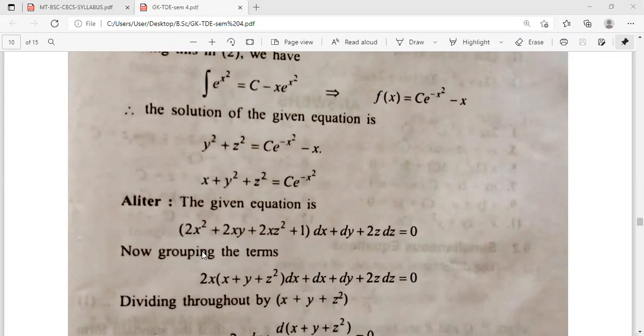Now the remaining thing: you take 2x as common from the first three components of the coefficient of dx, so that you get 2x into y plus x plus y plus z square dx plus dx plus dy plus 2z dz equal to 0.